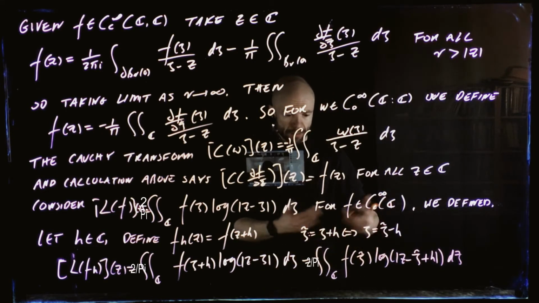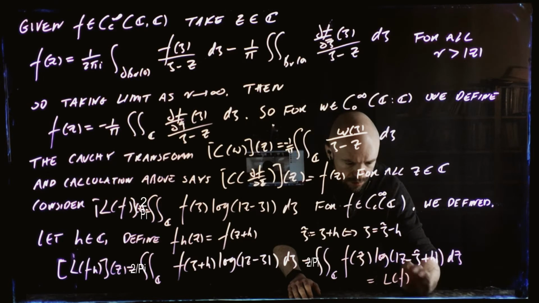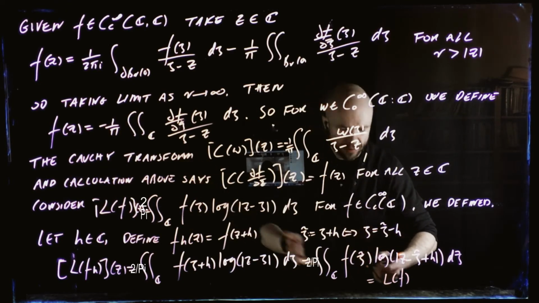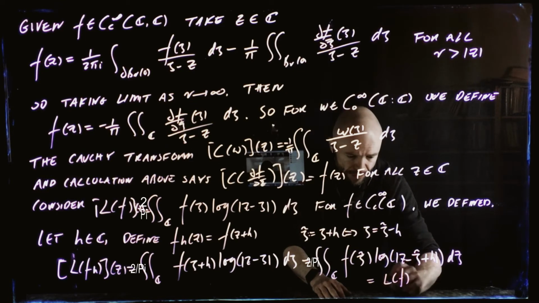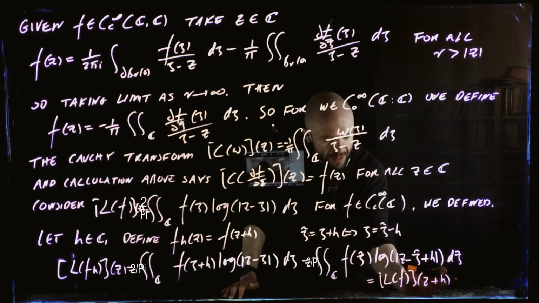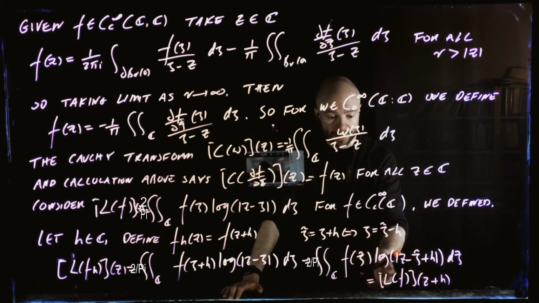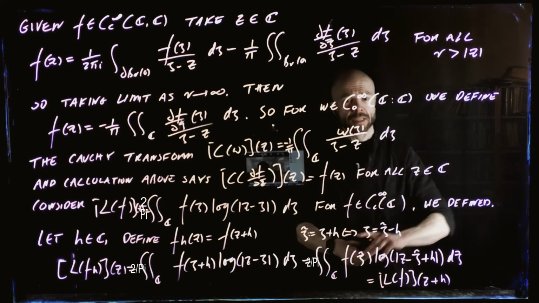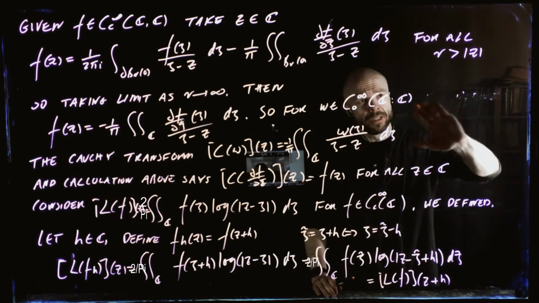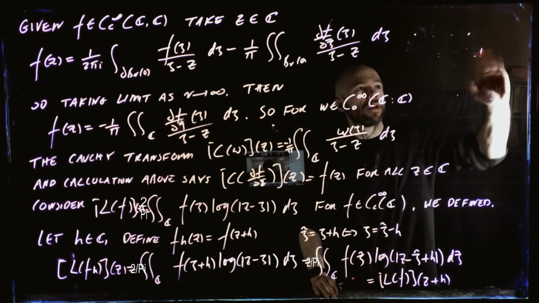But this is exactly the logarithmic transform of f, I don't know what this is called, but I'm going to call it the logarithmic transform, evaluated at z plus h. So this means that these work well with translations, which isn't true of the Cauchy transform that we talked about, but it's going to be a useful property for us.